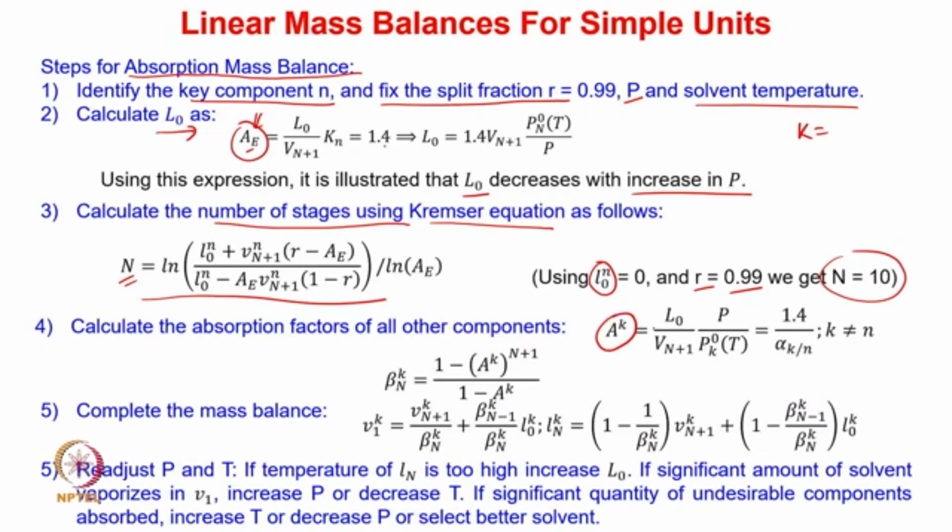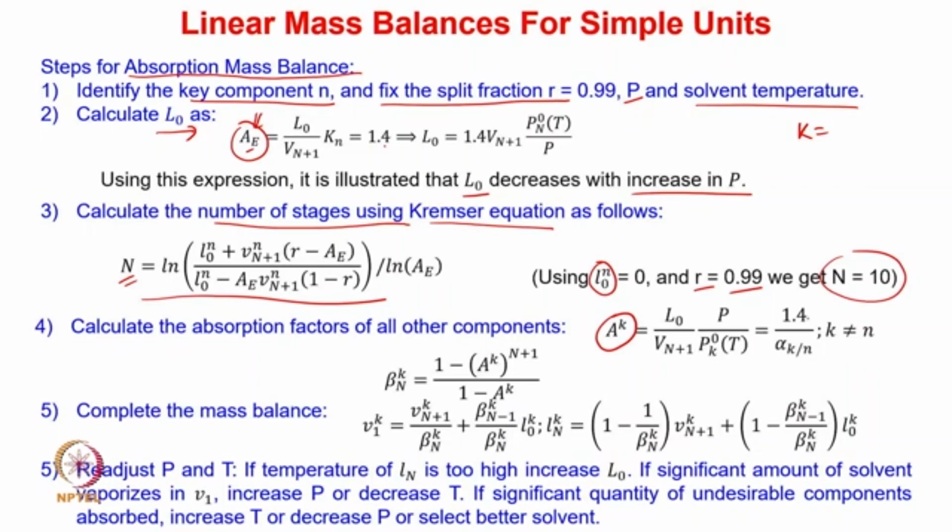So AK here, the superscript K represents the different components, so that can be given as L naught divided by Vn plus 1, P divided by, so Kn is given as P divided by Pk naught T, isn't it?